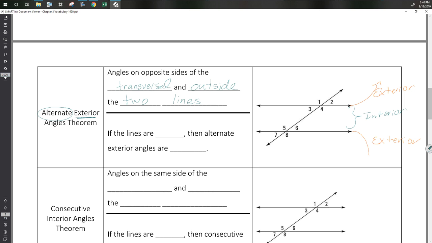Now, similarly to alternate interior angles, if the lines are parallel, then alternate exterior angles are congruent. So I need to choose an angle that's in the exterior, so I'm going to choose angle 1.